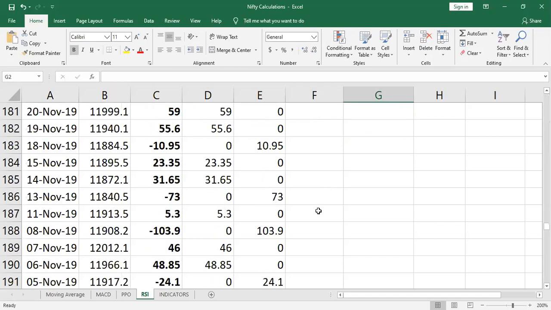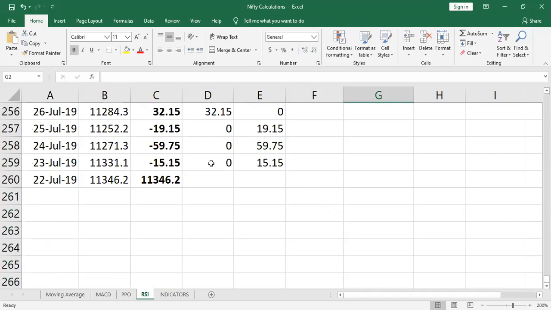As per the EMA formula, for the last we take the same value.